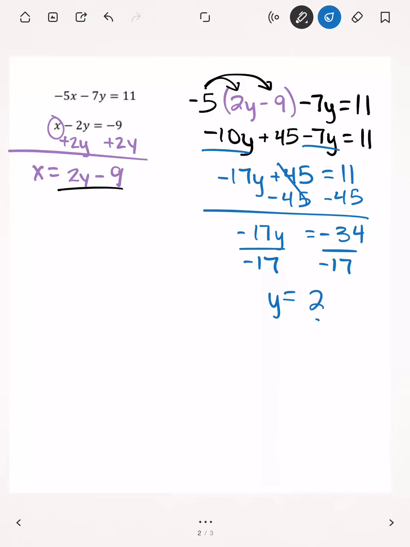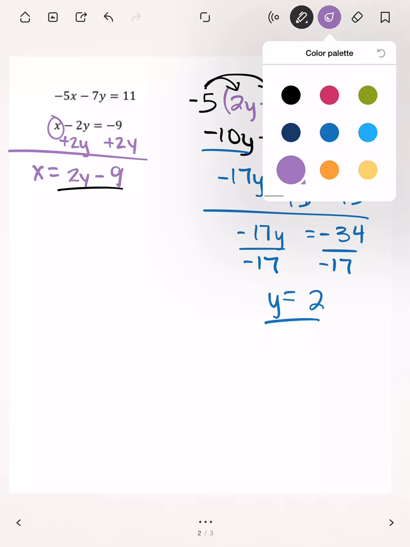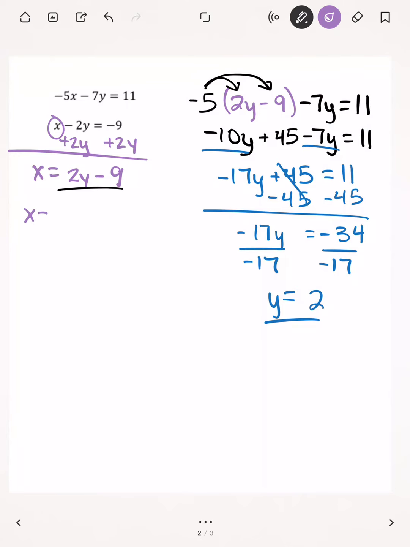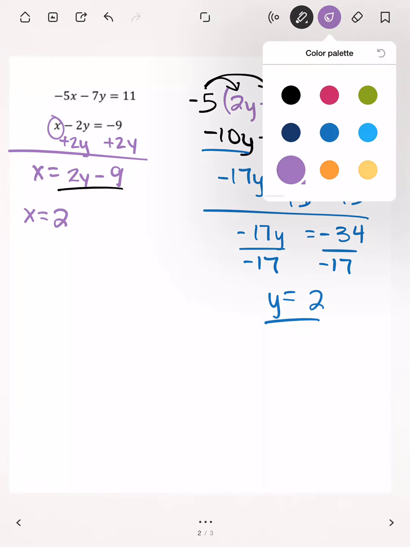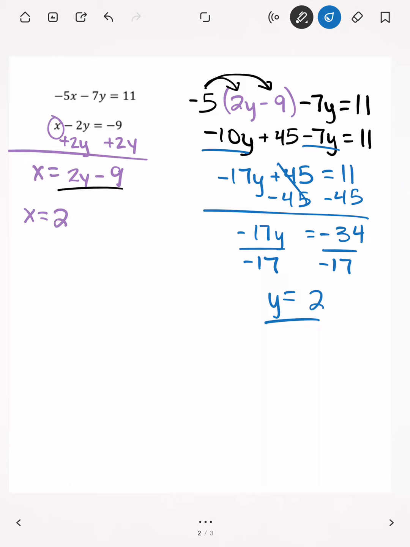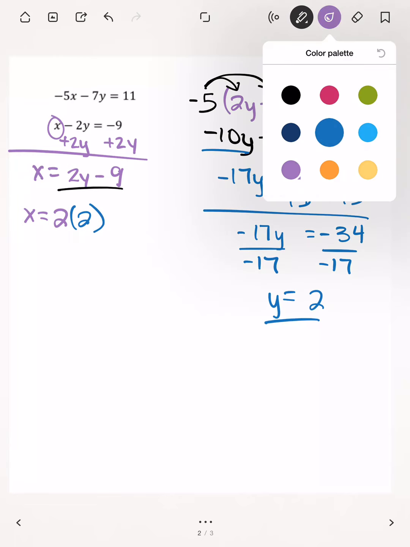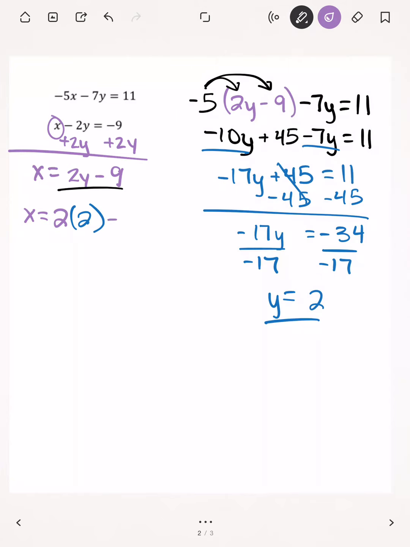Now that I know what y is, I need to plug it in to solve for x. So I have x equals 2, and instead of y, I'm going to plug in 2, minus 9. 2 times 2 is 4, minus 9, and 4 minus 9 gives me negative 5.